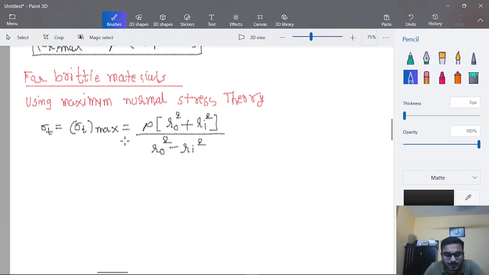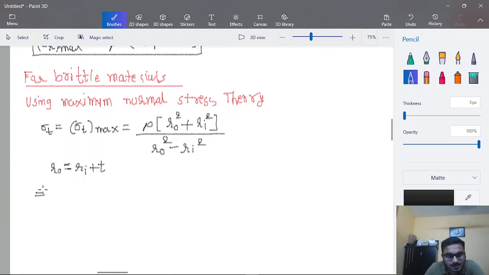So this is the equation that we are going to focus on, and here instead of Ro we will put Ri plus T. So let's do this.